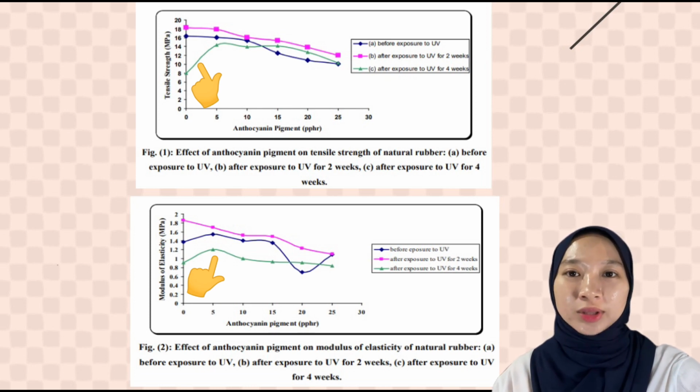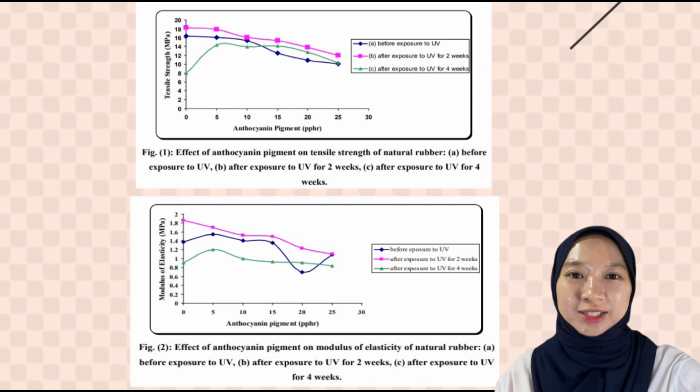But we note that the rate of decrease of tensile strength and modulus of elasticity for the sample with anthocyanin pigments was slight compared with the sample not containing anthocyanin. This gives a clear result on the anthocyanin pigment protection of rubber from degradation by UV because of its absorbed radiation.